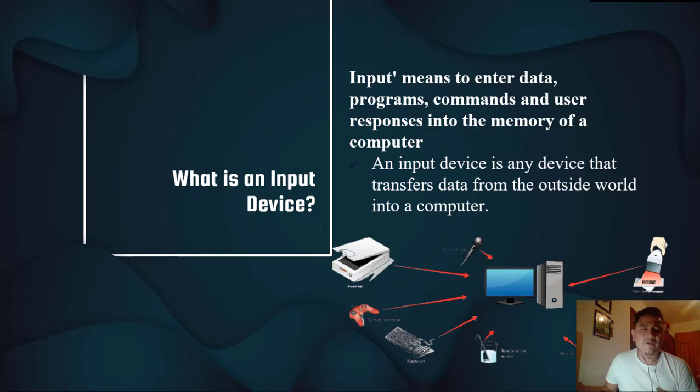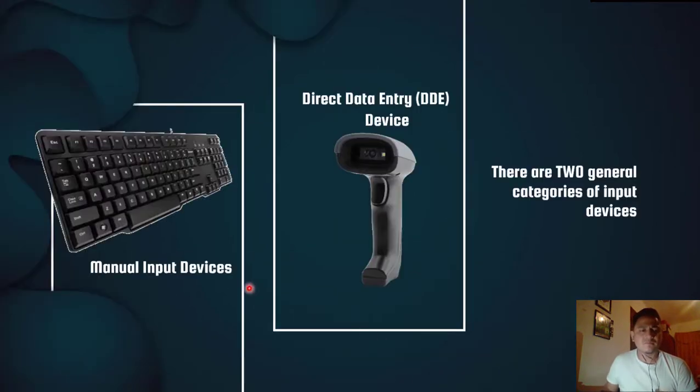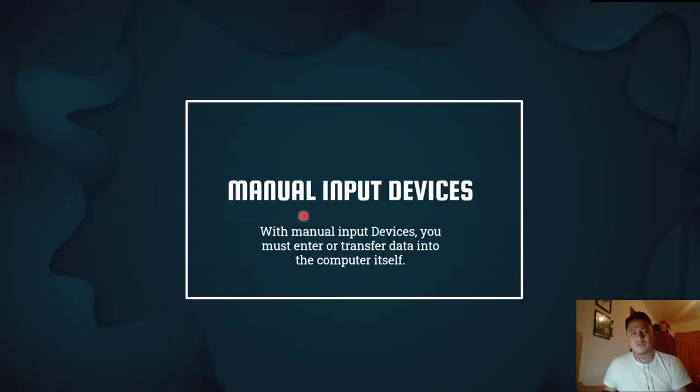Let's look at the two categories of input devices. The two categories are manual input devices and direct data devices. We're gonna use this session to look at manual input devices.